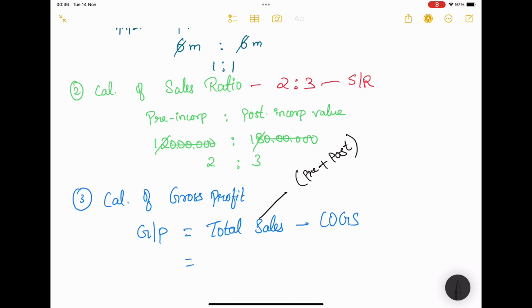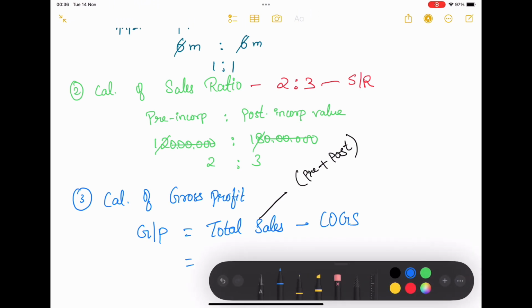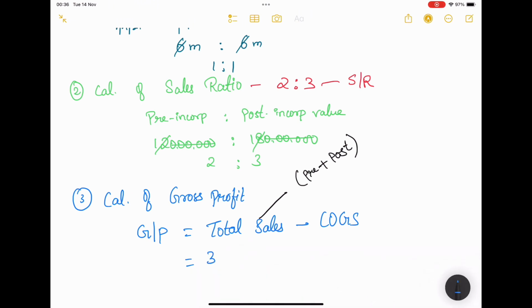So 1 crore 20 lakh plus 1 crore 80 lakh will be 3 crore, minus cost of goods sold. How much have they given? 1 crore 95 lakh. So 3 crore minus 1 crore 95 lakh, we get 1 crore 5 lakh. So this is the gross profit value.